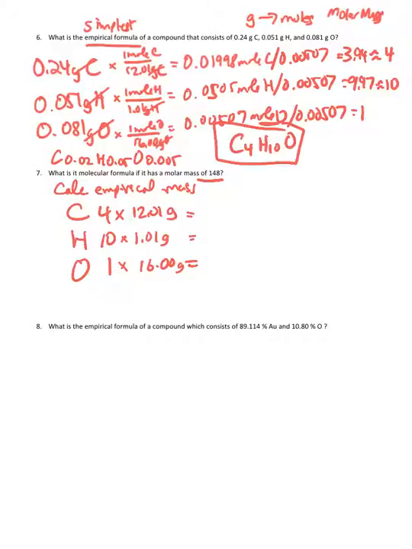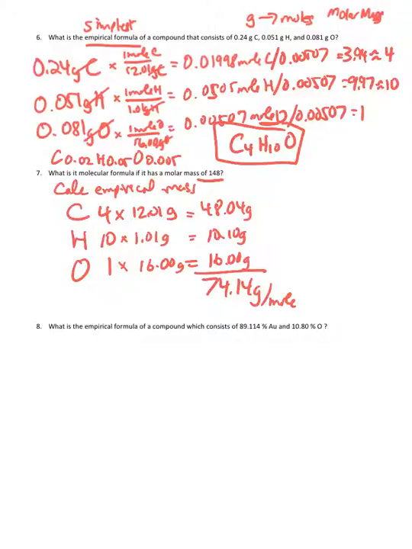And so we'll have 48.04 grams for carbon, and 10.10 grams for hydrogen, and 16.00 grams for oxygen. We add that all up and we get 74.14 grams per mole for this compound.